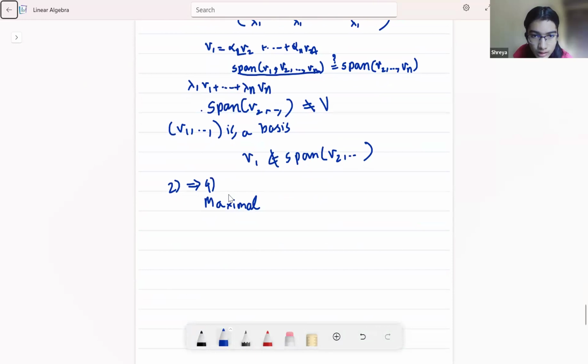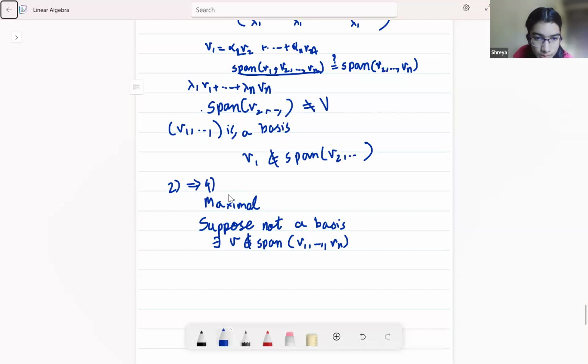So suppose it is not a basis. It satisfies the linearly independent part, so there is some element which is not in the span. Call it b. This does not belong to the span of v1 till vn. But then you can prove that v1 and so on till vn, together with b, is linearly independent. Also, all these proofs which I mentioned will most probably work for the infinite case as well.